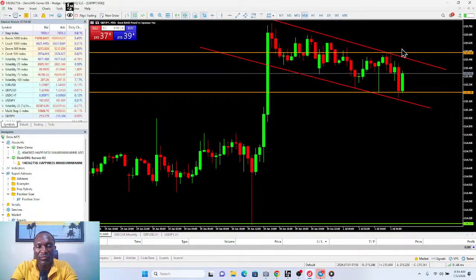Okay, if I go with 6, I go with 0.06. Putting my stop loss above here, I'm risking 50 here. Then put my stop loss just above it. It's going to give me 2.62. That's what it's going to give me.